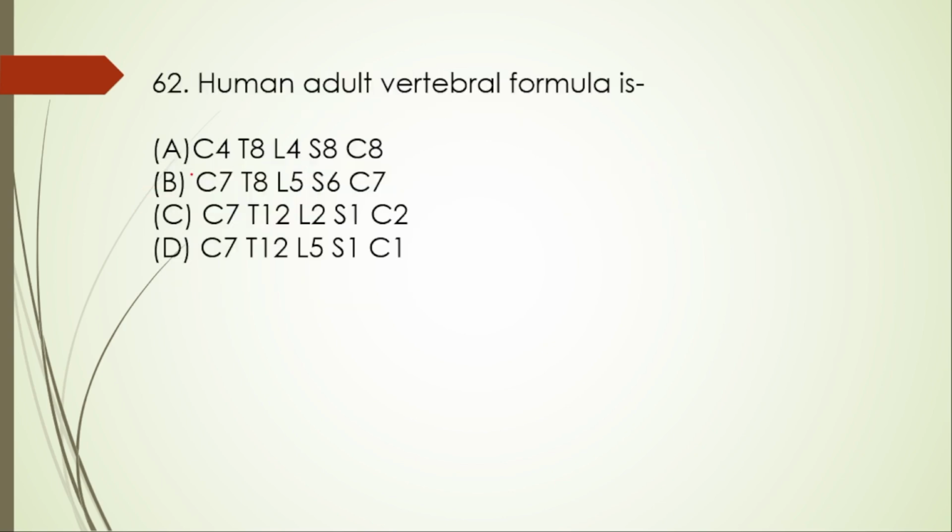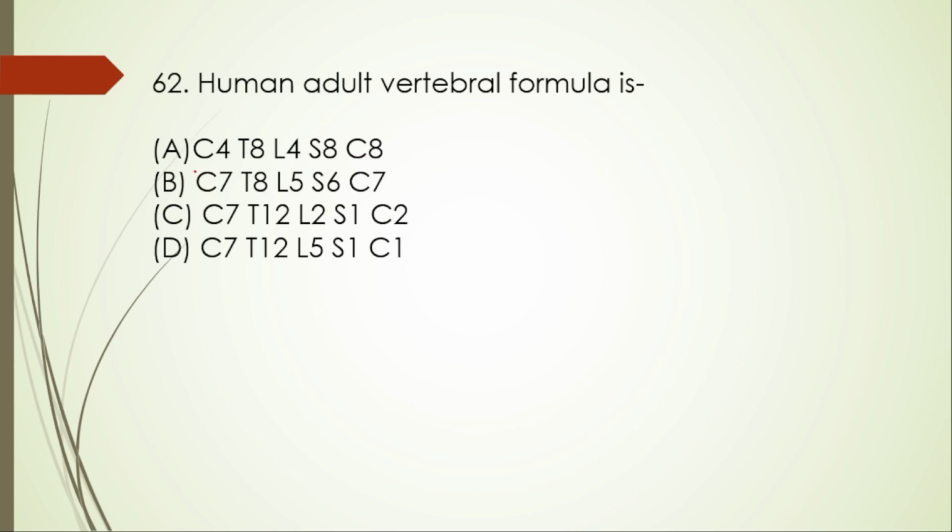Next, 62. Human adult vertebral column is: C4, T8, L4, S8, and C8. Here C means cervical, T means thoracic, L means lumbar, S means sacrum, and lastly C means coccyx.